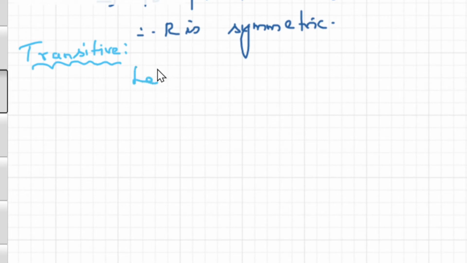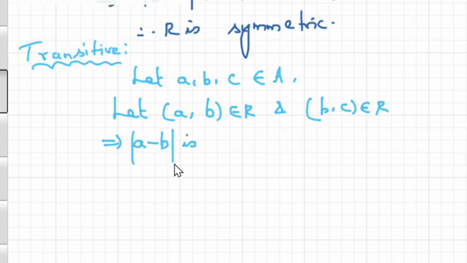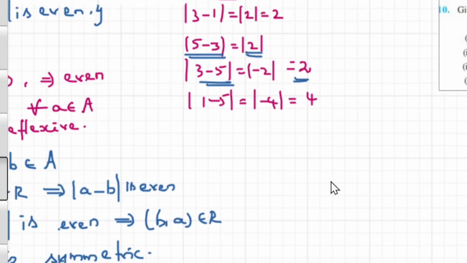Let a, b, c belong to A. Let (a, b) belong to R and (b, c) belong to R. Then |a - b| is even, and like that |b - c| is even, if either both are even or both are odd.